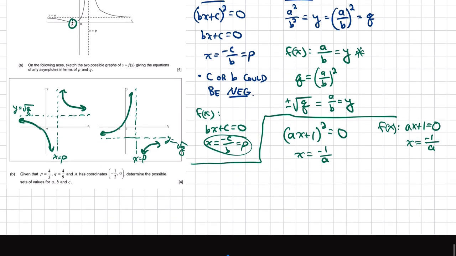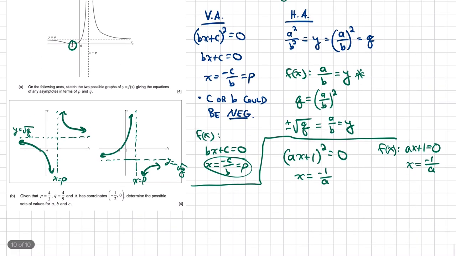Now for part B, we're given values for p and q, and we're told what the coordinates are for point A. So our x-axis intercept is happening at x equals -1/2.